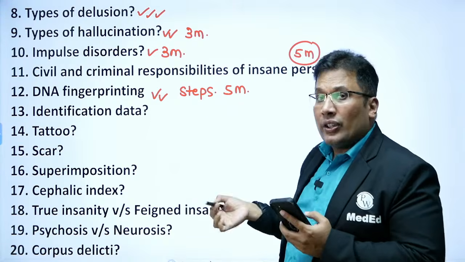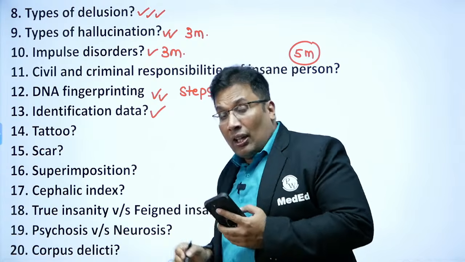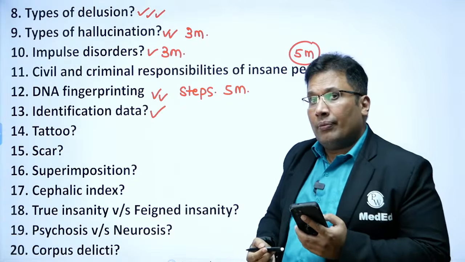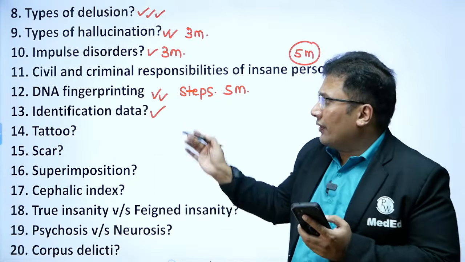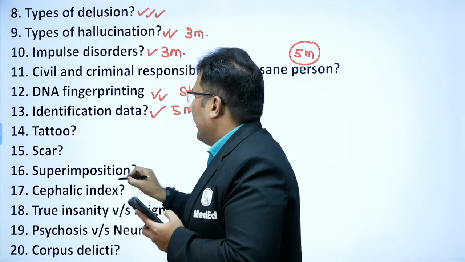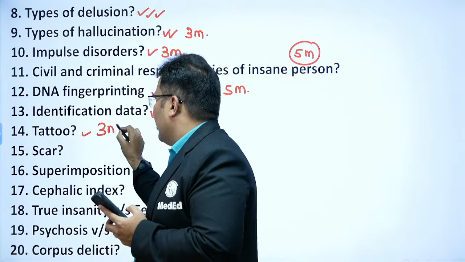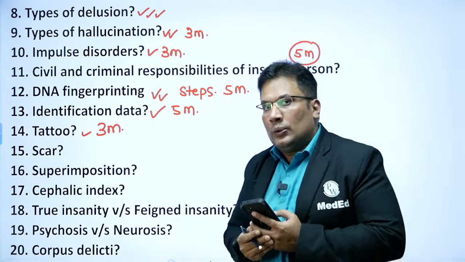So you can go through this after the class. Then identification data, 5 marks question. There are 15 identification data given in the standard textbook that you can write in the exam. 5 marks. Tattoo can be 3 marks. What is the medico-legal importance of tattoo?